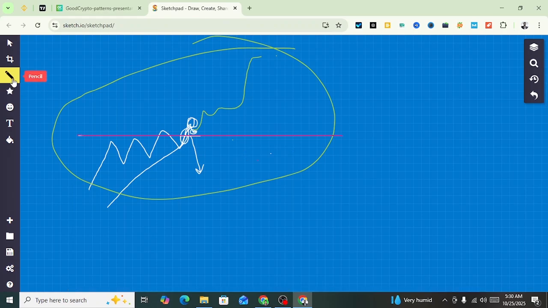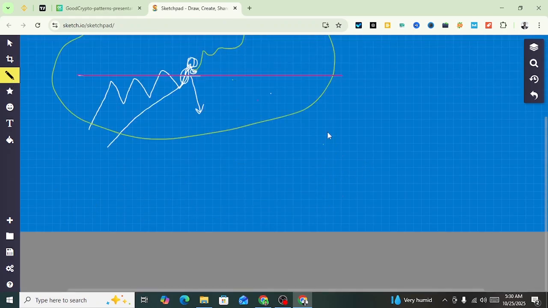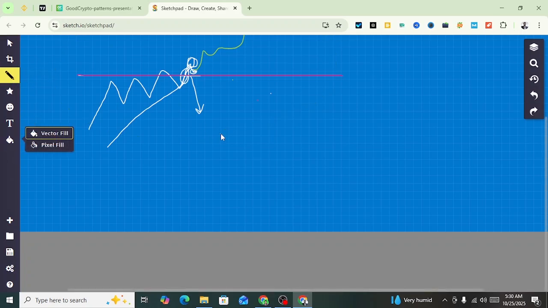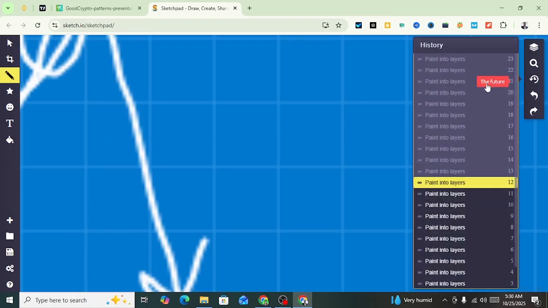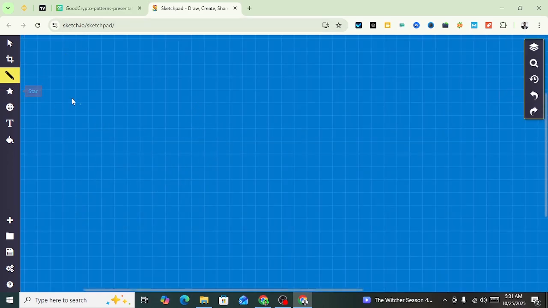Same with that point, you can see the opposite. If the market is going opposite to that pattern, then it's the same.